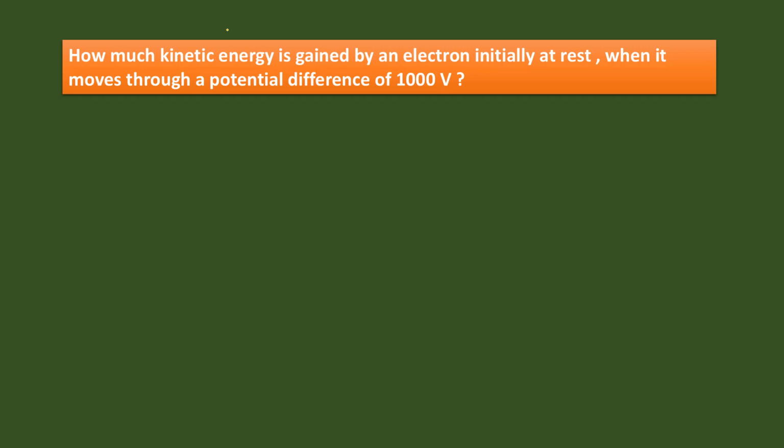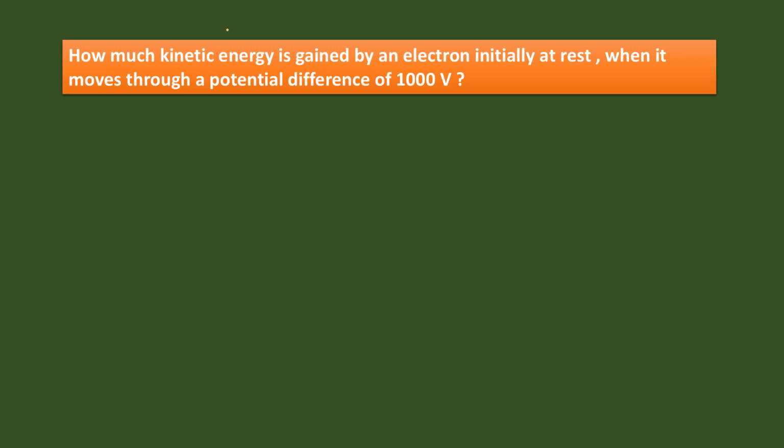After that, we have to study a numerical question: how much kinetic energy is gained by an electron which was initially at rest, when it is moved through a potential difference of 1000 volts? You have to find the kinetic energy.